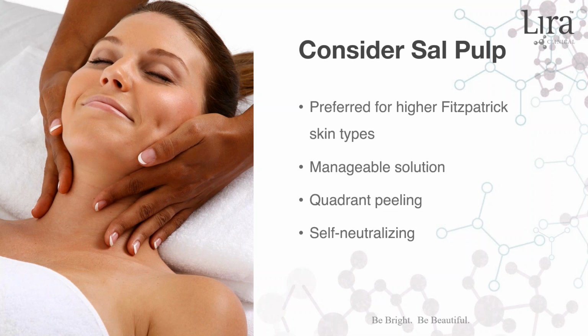And Sal Pulp is a beta, so therefore it is self-neutralizing. You will find that your client will reach their activity peaks on their skin anywhere about 3 to 6 minutes, and then that activity level will start to go down. So the nice thing is we do want to remember that you do not actually have to remove the solution from the skin because it is self-neutralizing.